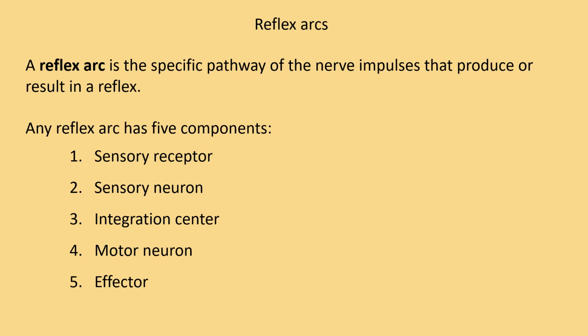The integration center combines and analyzes the sensory input, and then, if necessary, gives rise to motor output. That motor output will travel along efferent neurons, also known as motor neurons, and then signal an effector. And the effector brings about the response, what we think of as the reflexive response.